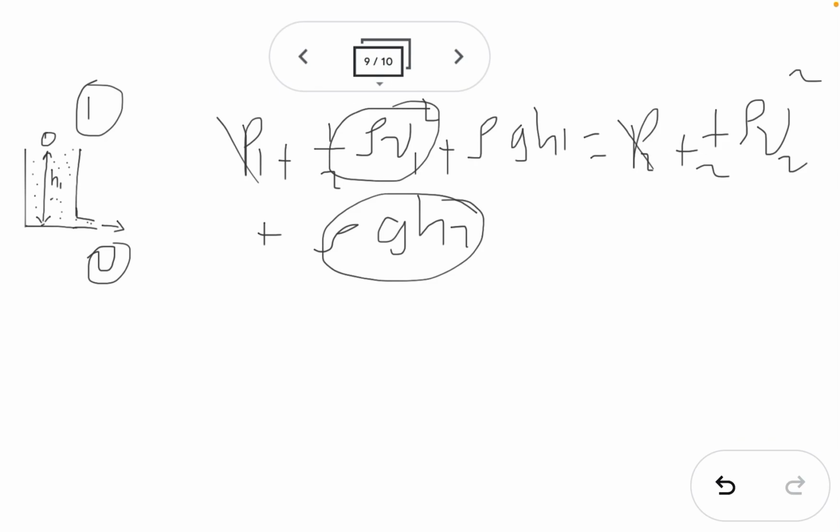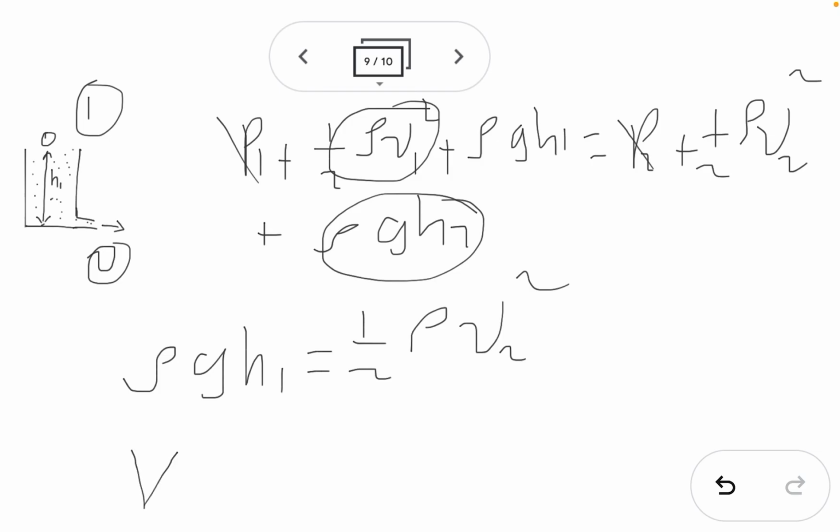We are going to have rho g h1 equals half rho V2 squared. So from this expression we will be able to find the velocity at the bottom.